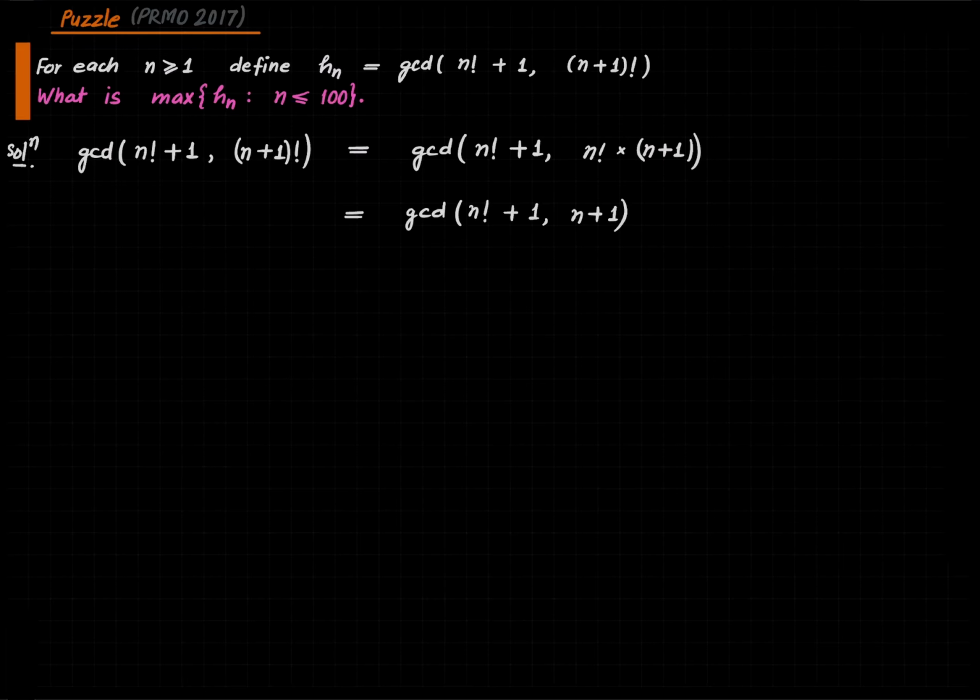Why is this true? Well, these two things are relatively prime. Any two consecutive integers are relatively prime. So by the dropping property of the GCD that we discussed, if you find that A and B are relatively prime, then GCD of A, B C is equal to GCD of A, C. So that's what we used.